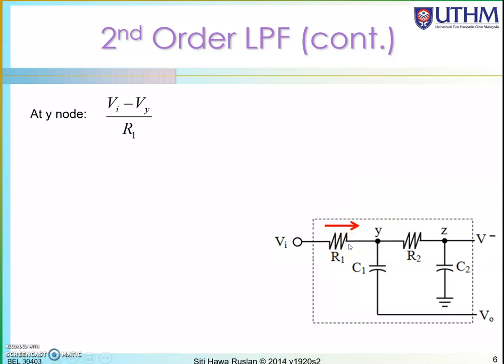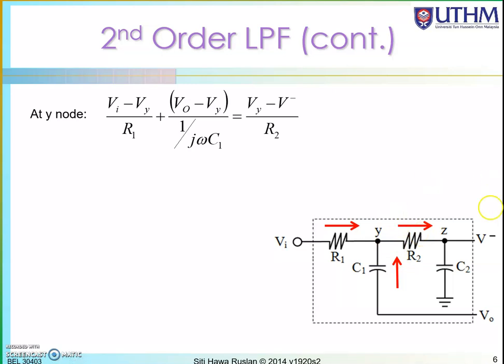So you get one equation over here, and another current coming from the output of your op-amp going to this node. So it will be VO minus Vy divided by 1 over j omega C1, the first capacitor over here. This current is entering, and leaving the node there is another current, flowing from node Y to Z, so it will be Vy minus V minus divided by the resistor over here, R2.